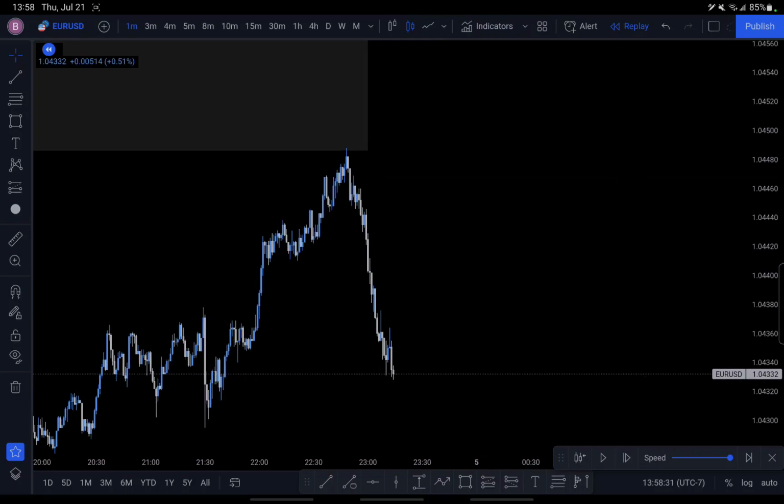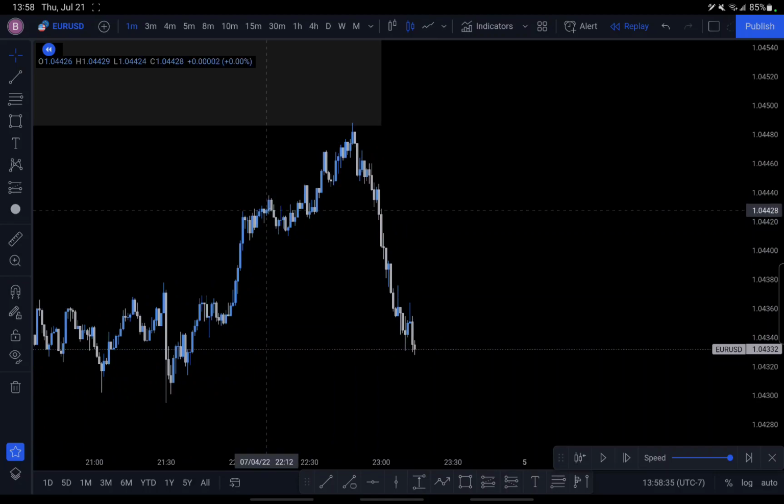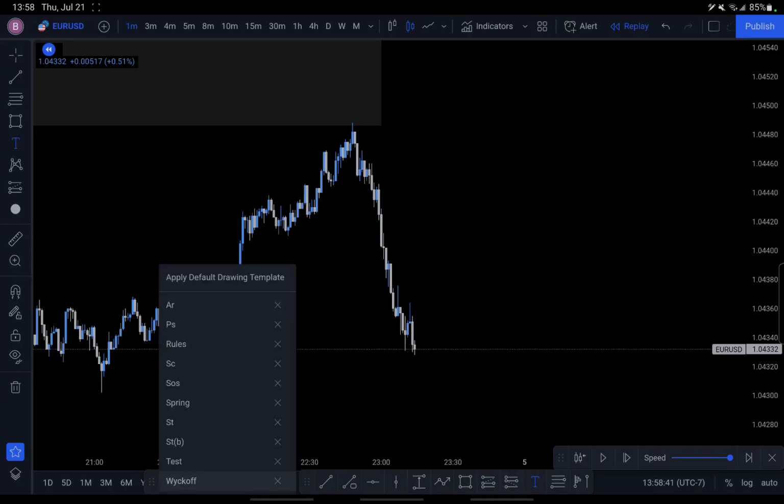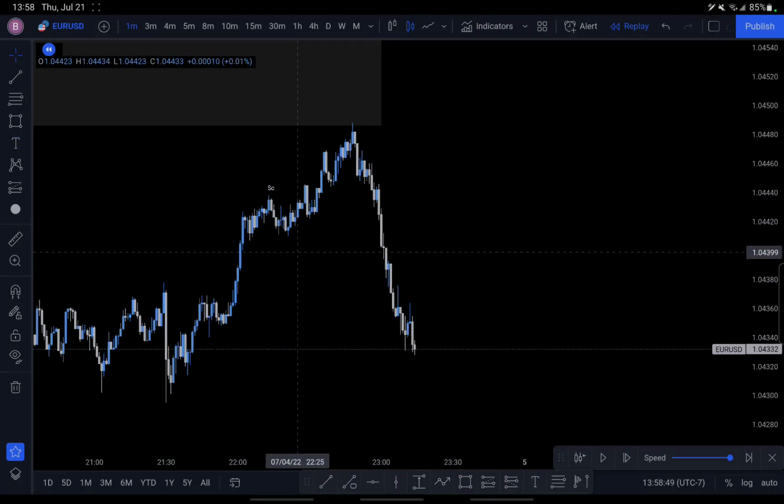So here we did have a slowing in price. Okay, so this could be our preliminary supply, secondary, or our buyer's climax. Buyer's climax here. We have our automatic rally.